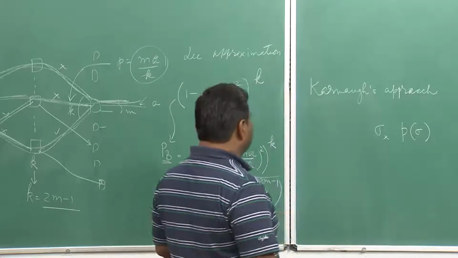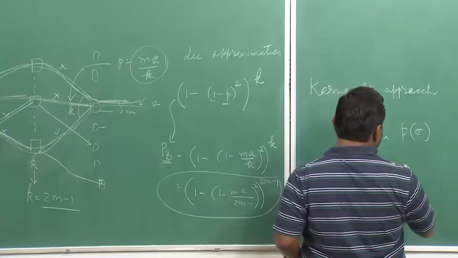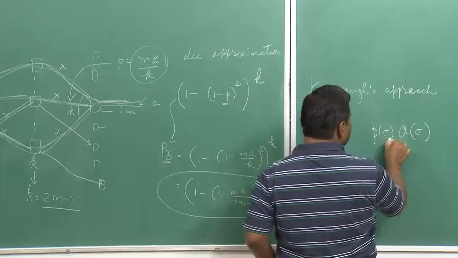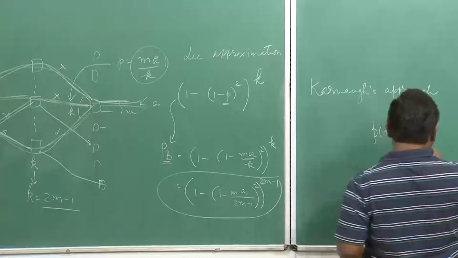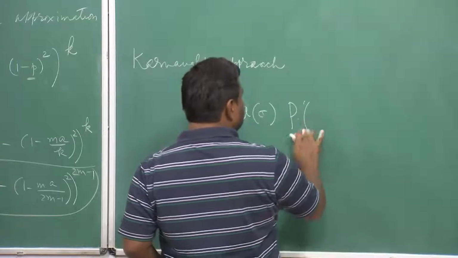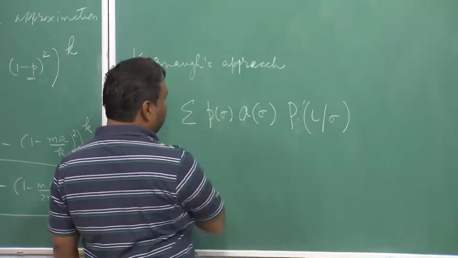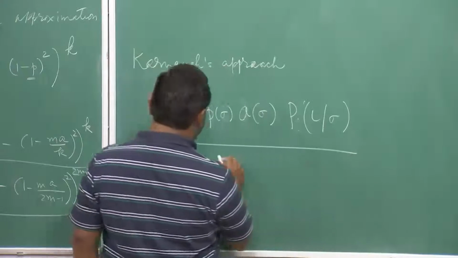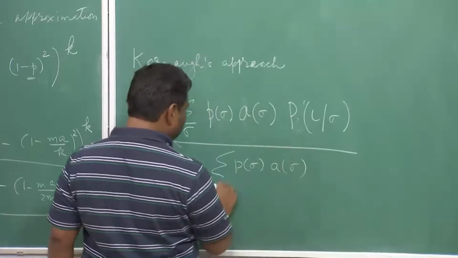So we take the probability that your switch is in state sigma, and the probability that a call will get lost when you are in state sigma, and you sum it up over all possible states, which are all the calls that will be arriving.